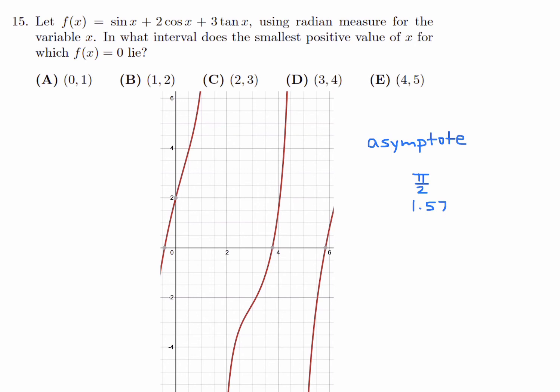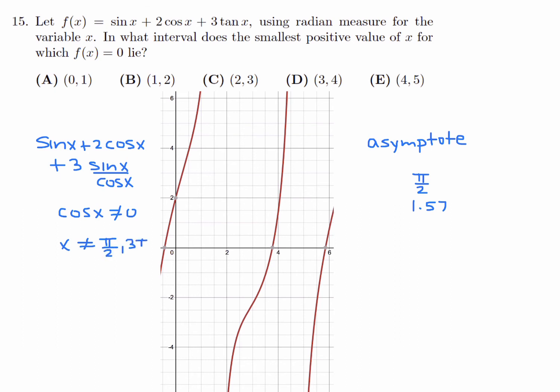And the way you can figure that out is that this function is sine x plus 2 cos x plus 3 tan x, right? But tan is sine x over cos x. So that means that cos of x cannot equal 0. And that means that x cannot be pi over 2, and similarly 3 pi over 2, and so on.